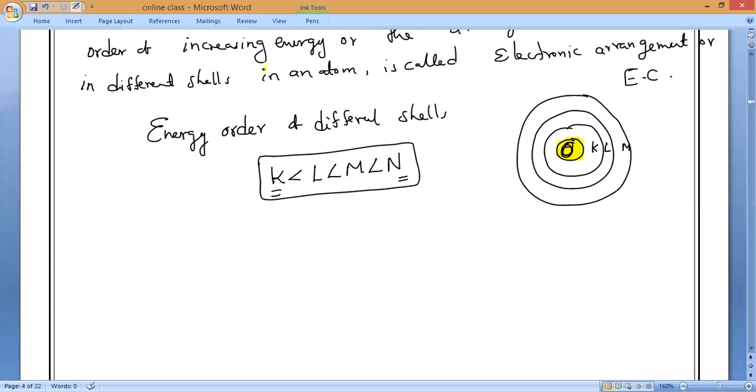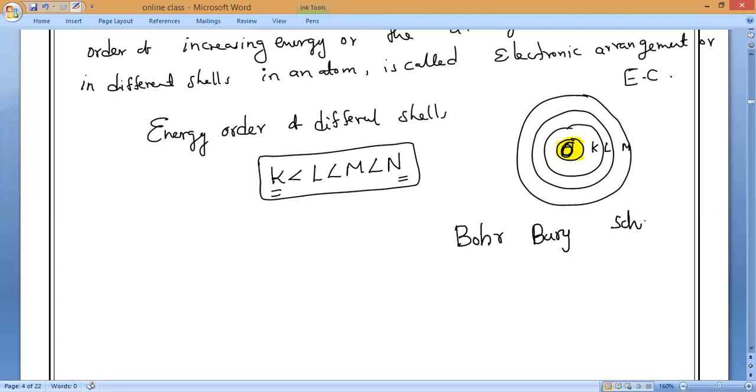Okay. And this kind of energy arrangement is given by two scientists. Of course, we say Bohr's atomic model, but it's two scientists. One is Bohr, another one is Bury.